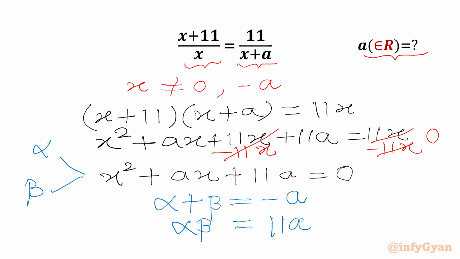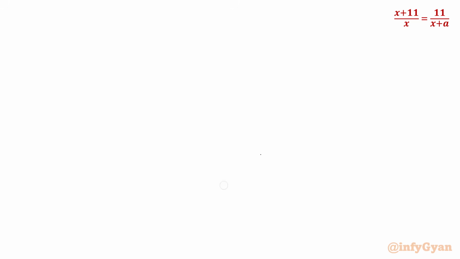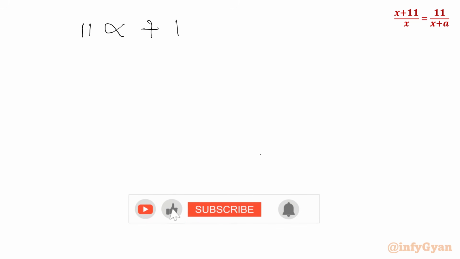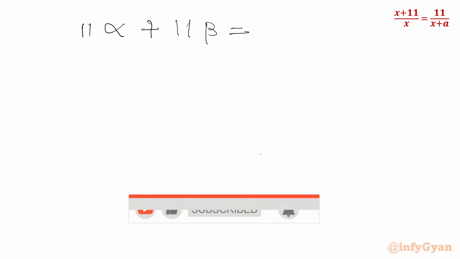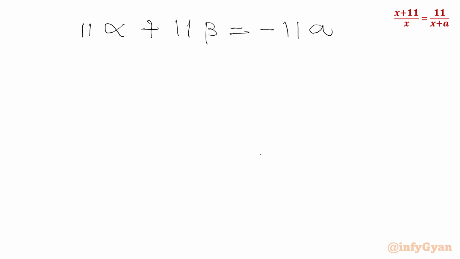Now we will multiply both sides by 11 over here. So let's multiply LHS with 11 and RHS with 11. We will get 11 alpha plus 11 beta equal to minus 11a.